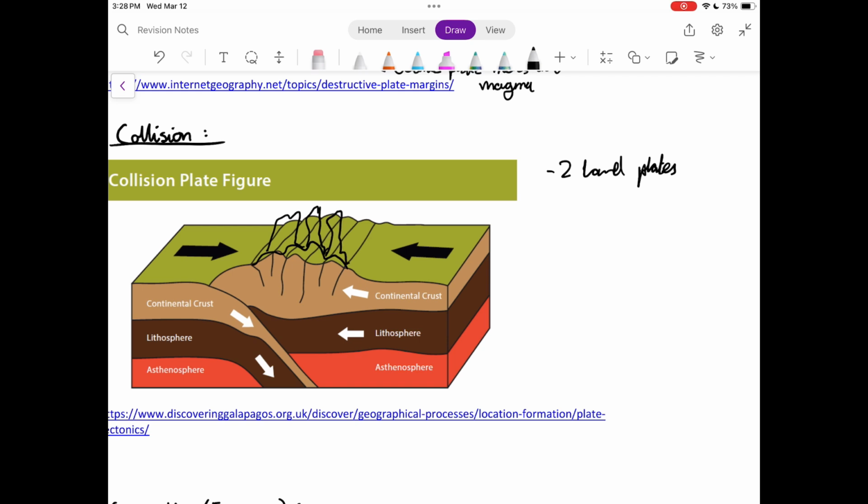For example, the Himalayas were formed as a result of collision between the Indian plate and the Eurasian plate. So this caused the fold mountains to form. And mainly earthquakes occur here. Many earthquakes occur here.